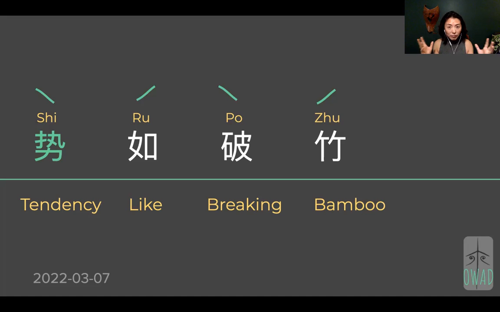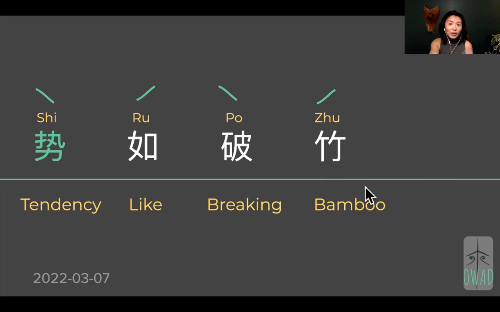If one follows, copies another's behavior or pattern or some sort of attribute, that means these are similar. So it's a comparison. 如. Okay, so now we're describing the tendency. It's looking like something. We use the last two characters, 破竹, to describe the kind of tendency.